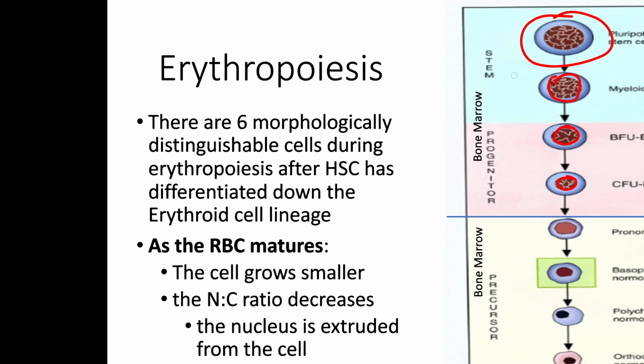The size of the nucleus compared to the size of the cytoplasm is called the NC ratio. And what happens is that the nucleus becomes so condensed that it'll eventually become extruded from the cell or completely removed. And last but not least, we're going to go from this blue cytoplasm to this pink and salmon color. But those are the general traits that we see as the red cell develops.